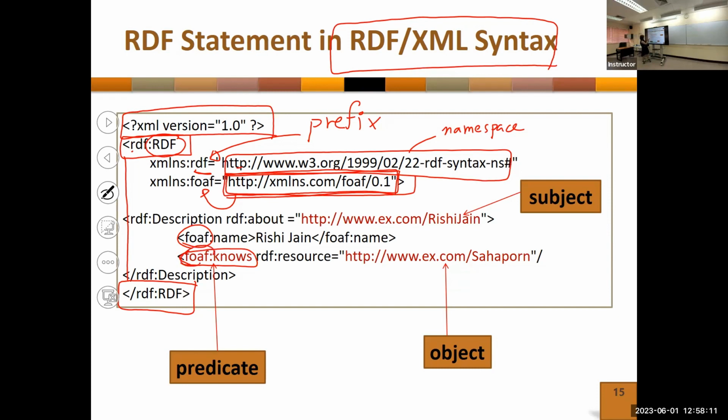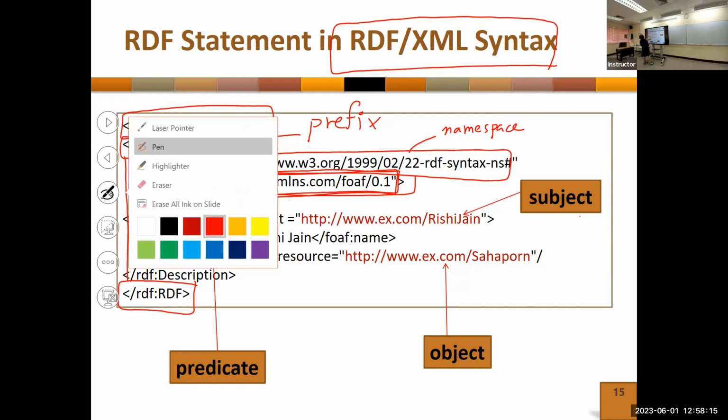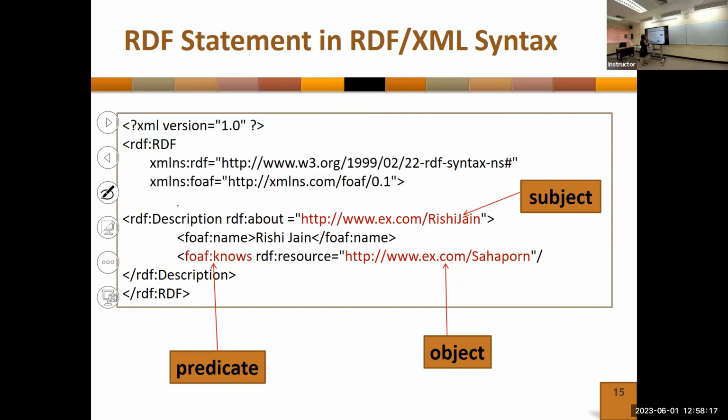So when it is processed, this would become the long URI name.